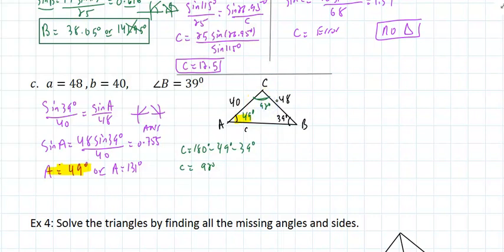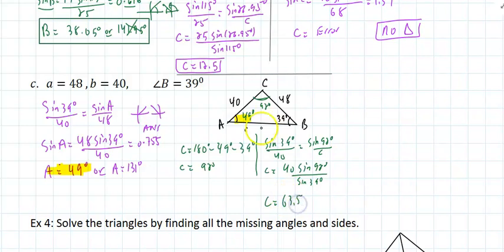Then can't I say sine of 39 degrees to 40 equals sine of 92 degrees to C, and C would be 40 times the sine of 92 degrees divided by the sine of 39 degrees, and C would be 63.5.